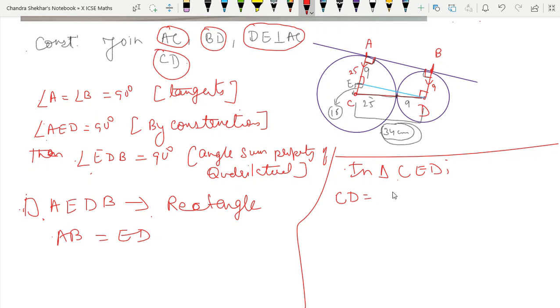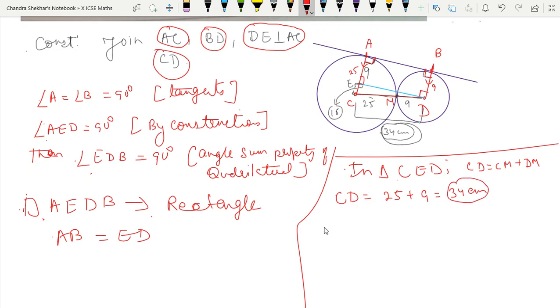CD is going to be equal to 25 plus 9, because the two circles are touching each other. If I take the touching point as M, we can write CD equal to CM plus DM. So 25 plus 9 is equal to 34 centimeter. CD, we got it here.